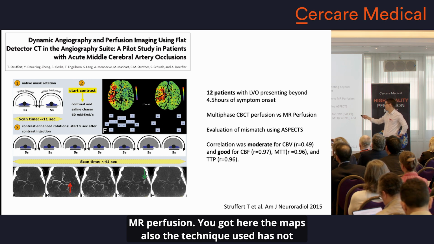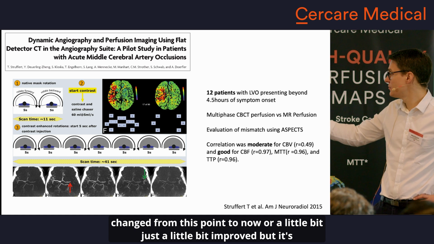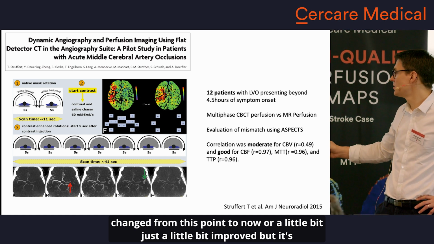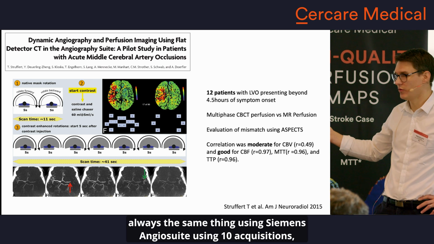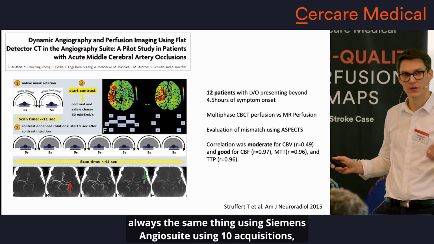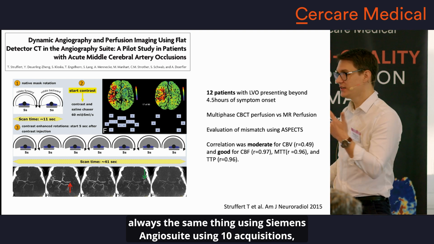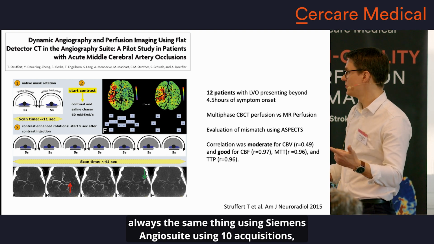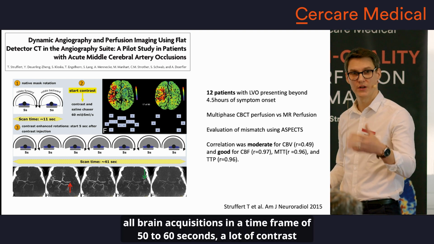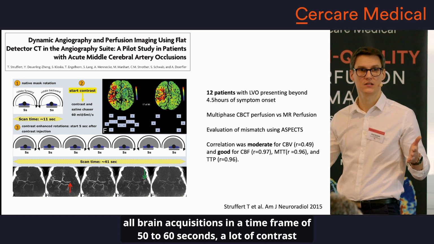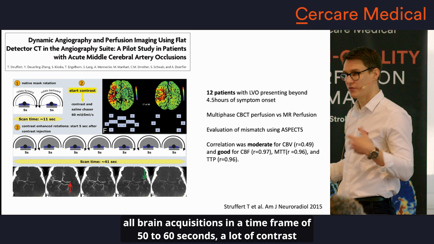Also, the technique used has not changed from this point to now, or just a little bit improved, but it's always the same thing: using a Siemens angiosuite, using 10 whole brain acquisitions in a time frame of 50 to 60 seconds. A lot of contrast injected.